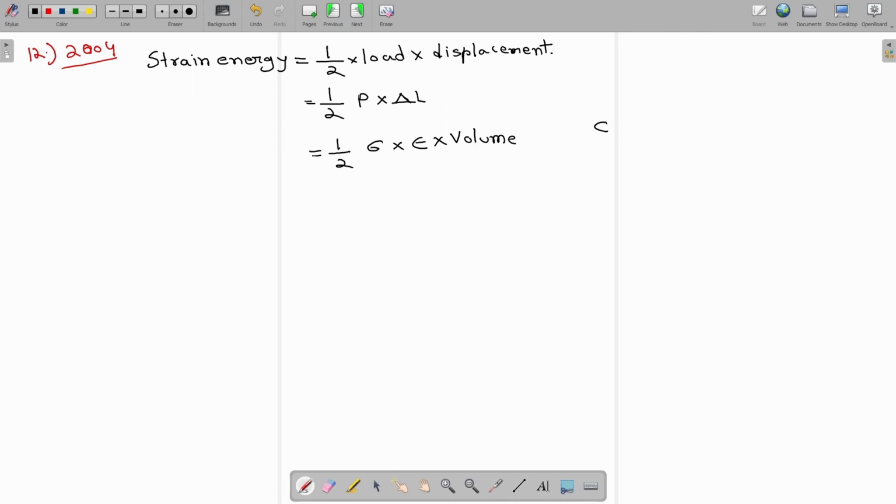And we know stress upon strain is the Young's modulus or modulus of elasticity. Therefore, we can write it as half strain square into E into volume.